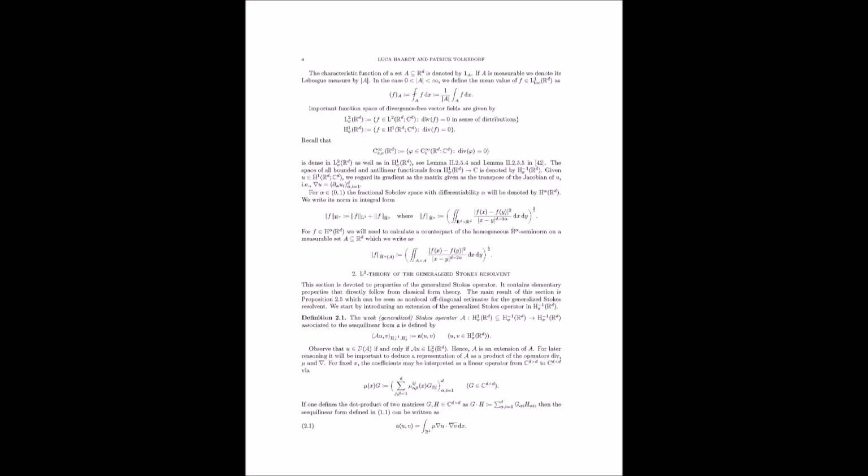Think of it like this. Changes in one part of the fluid shouldn't have a huge impact on areas that are far away. Now, traditional off-diagonal estimates for elliptic operators rely on the operator's locality, but the generalized Stokes operator, thanks to those variable coefficients, is different. It's non-local.